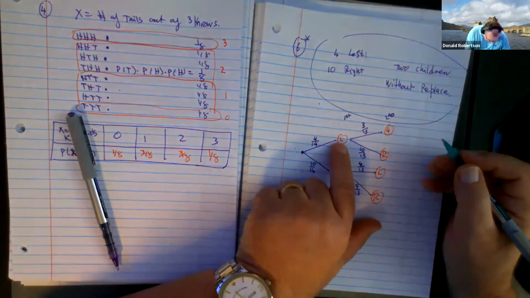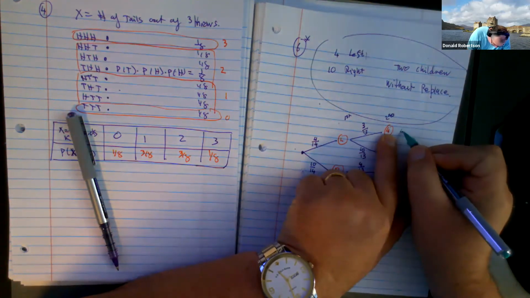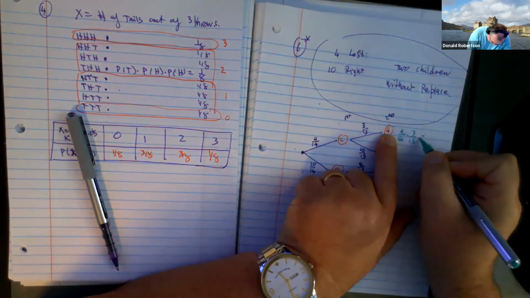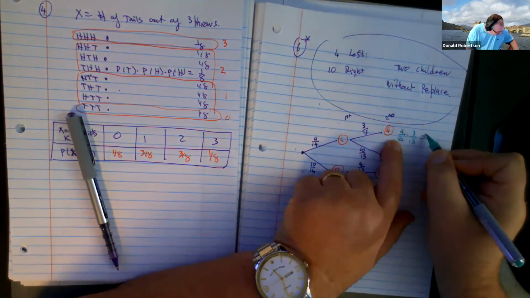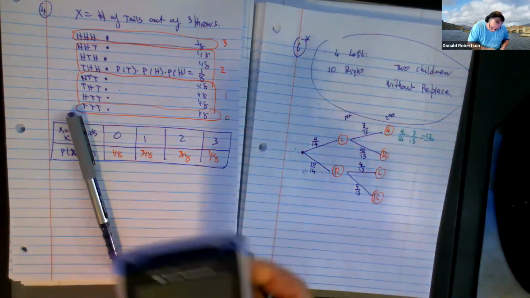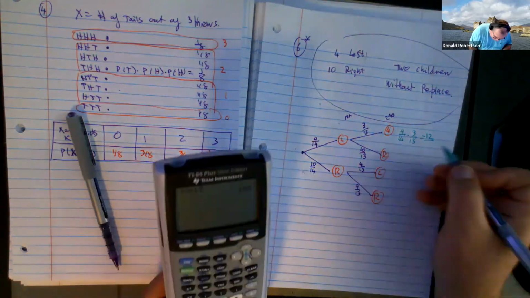So what's the chance that it was a left-handed followed by another left-handed? Well, you just multiply the 4 14ths by 3 13ths and you get 12 out of 14 times 13, 182.